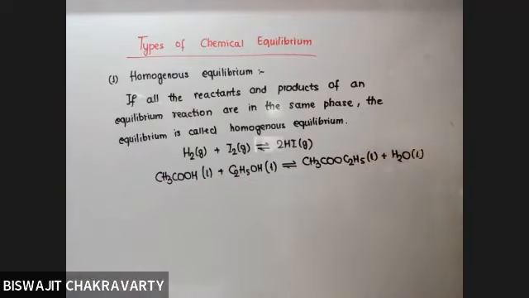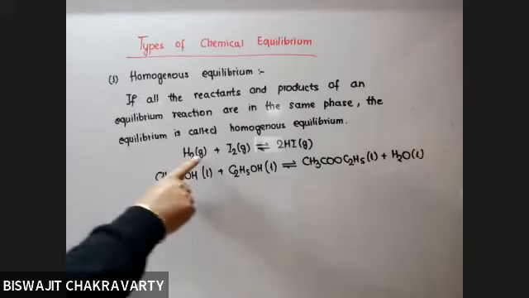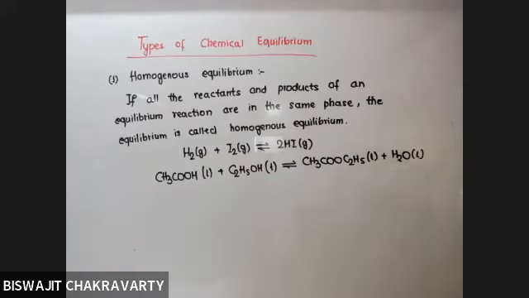So here you see all the reactants and products are in the liquid phase. In the first one, all of them are in gaseous phase. In the second one, all of them are in the liquid phase.